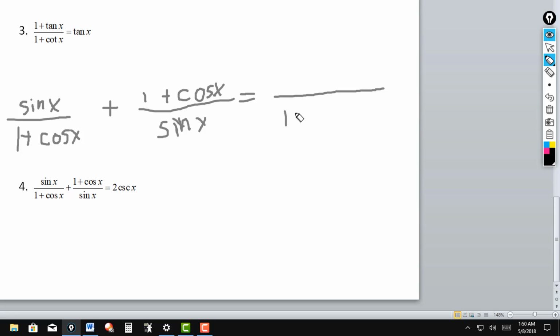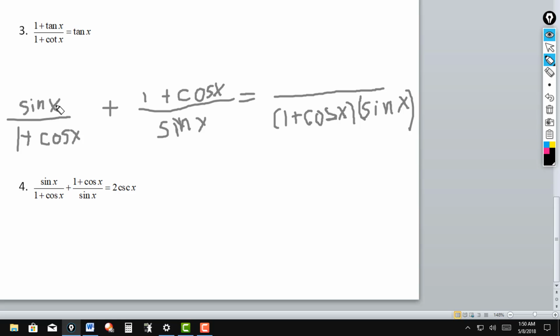So it's going to be 1 plus cosine x times sine of x. And then I'm going to leave it in the simplest way that I can. I could multiply this out, but sometimes things are going to factor out, so it's better if you leave it in factored form.